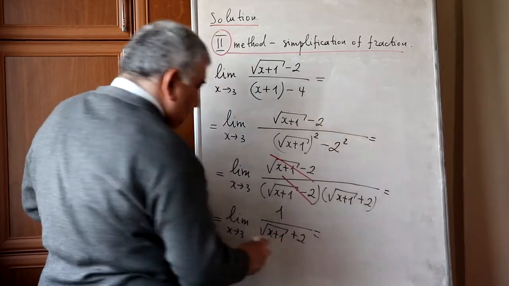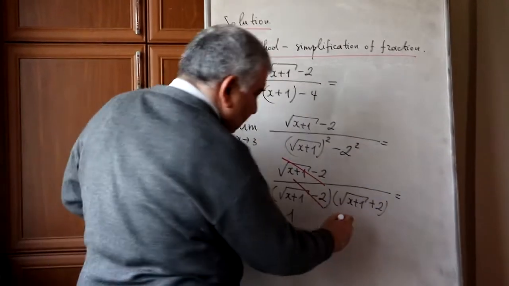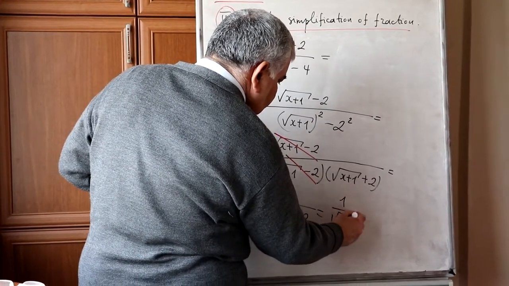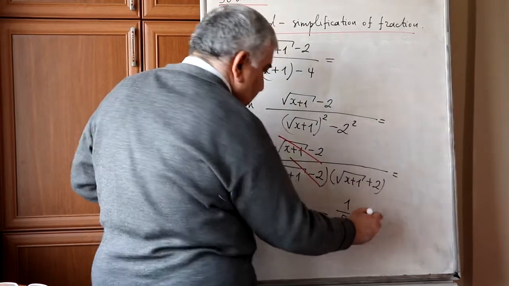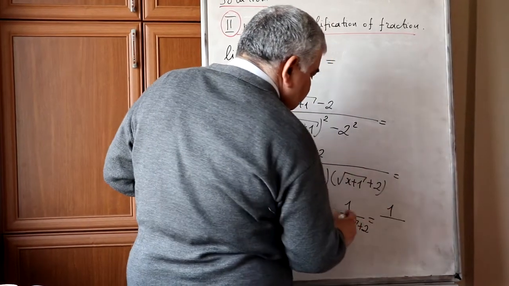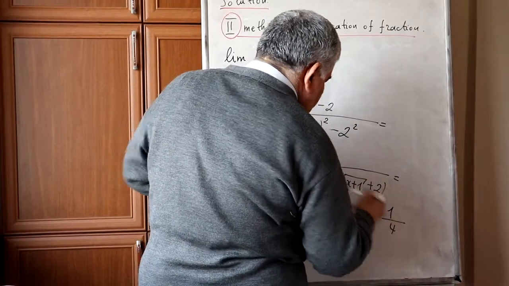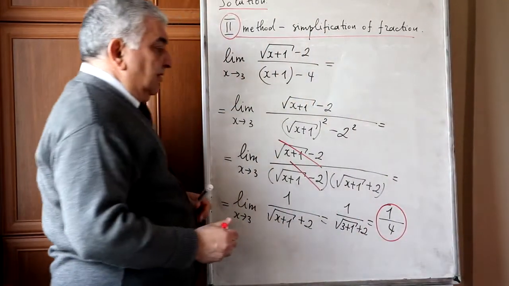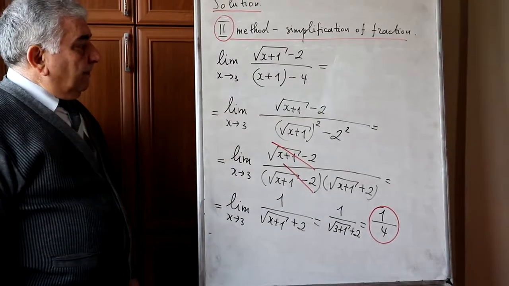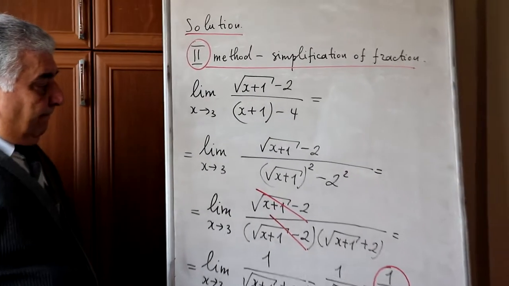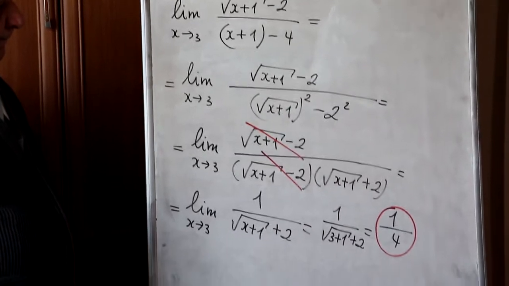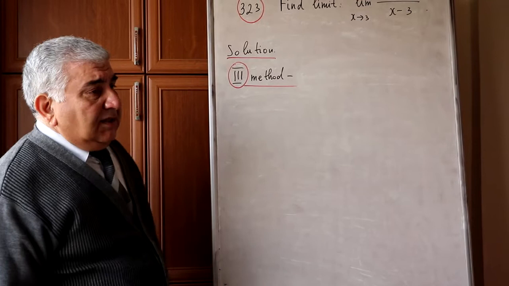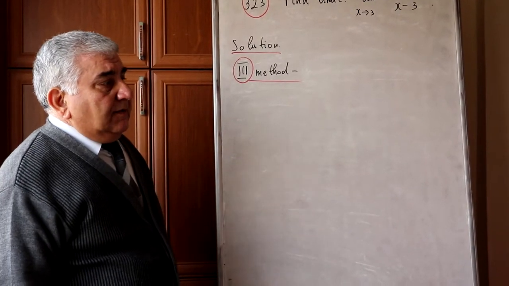Then substitute 3 instead of x. 1 over square root of 3 plus 1 plus 2 equals 1 over 2 plus 2, and already we obtain the same answer, 1/4. Then consider the next method.